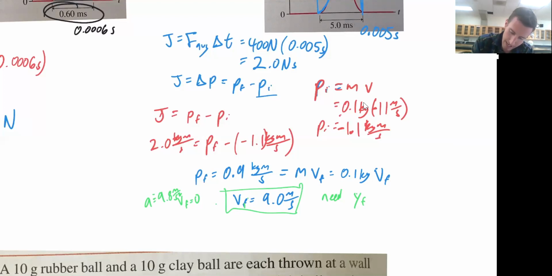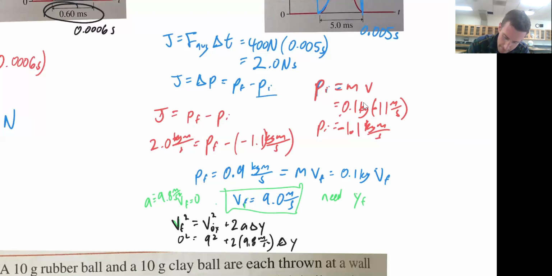And that gives me, okay, pretty sure that we can go back to v_f squared equals v_iy squared plus 2a change of y. v_f is going to be 0 squared equals 9 squared plus 2 times negative 9.8 meters per second squared times change of y.